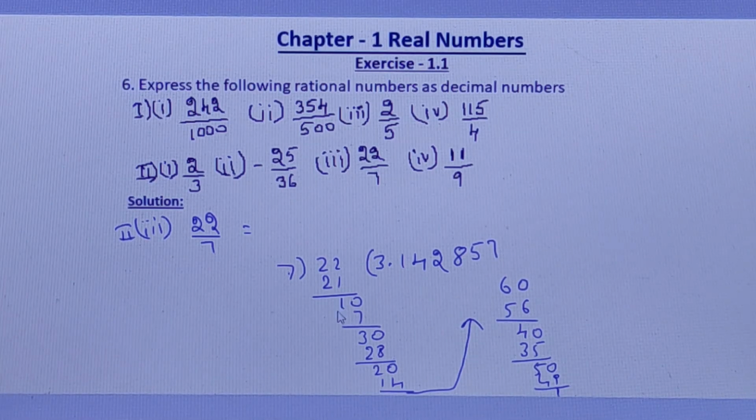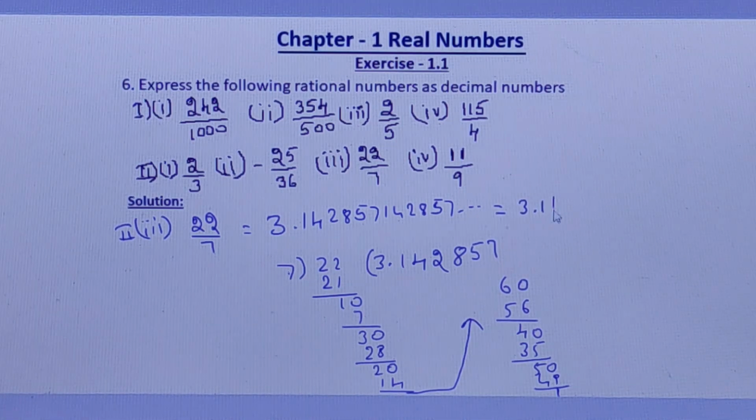So again the remainders are going to repeat 1, 3, so on. So we can write this as 3.142857. Again 142857, so on. So which is 3.142857 bar, because all these are getting repeated.